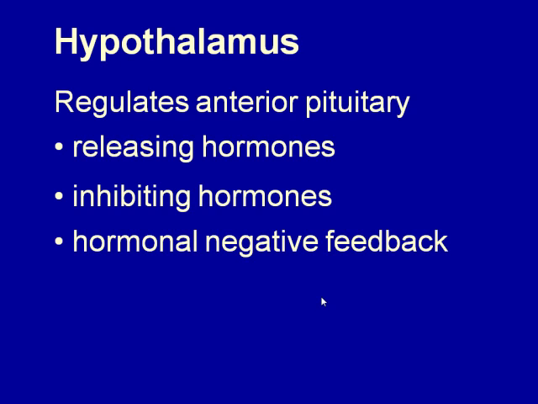The hypothalamus relies on negative feedback. Let's say, for example, that the hypothalamus produces a hormone called thyroid releasing hormone. This stimulates the pituitary gland to release thyroid stimulating hormone, which stimulates the thyroid gland to release its T3 and T4.